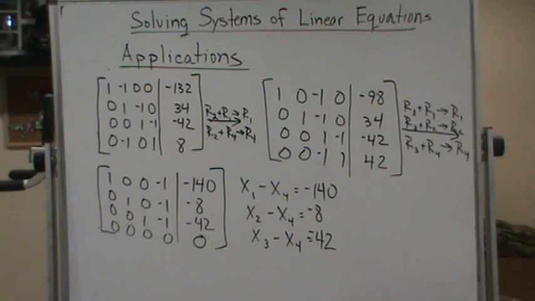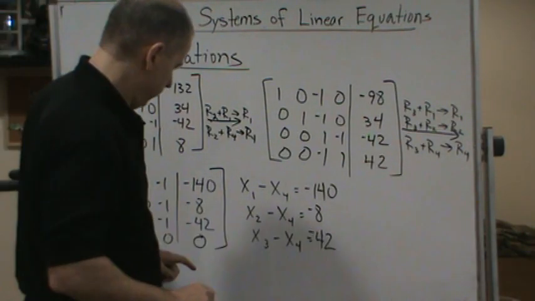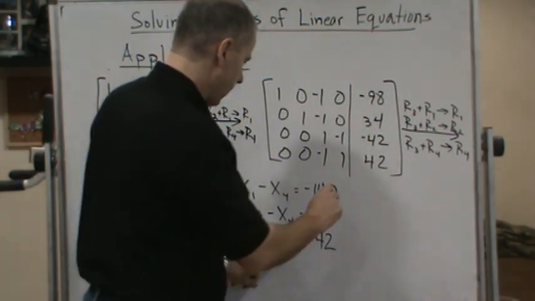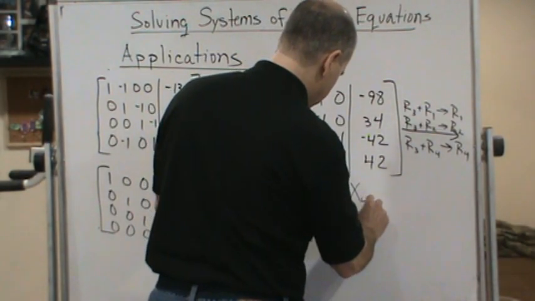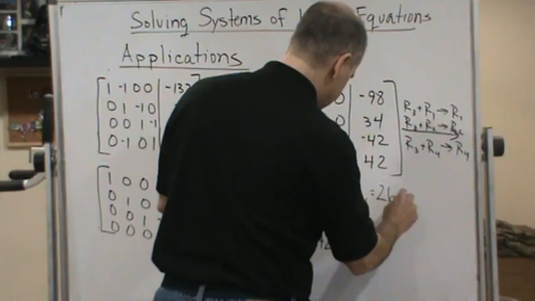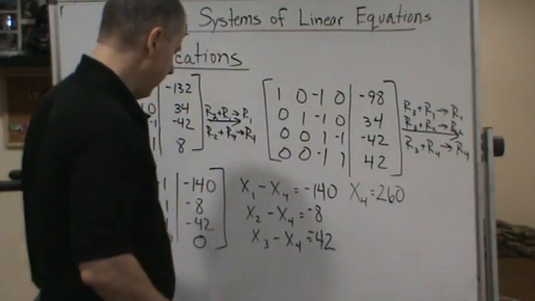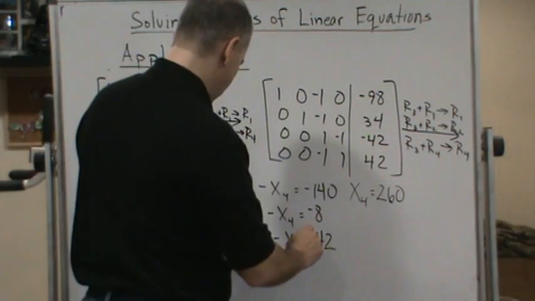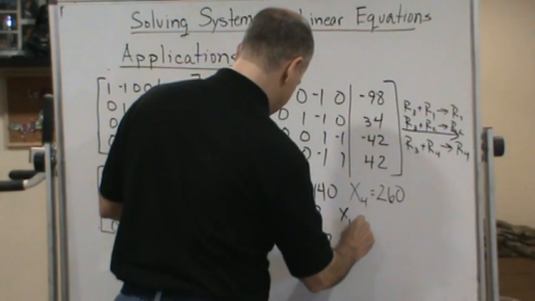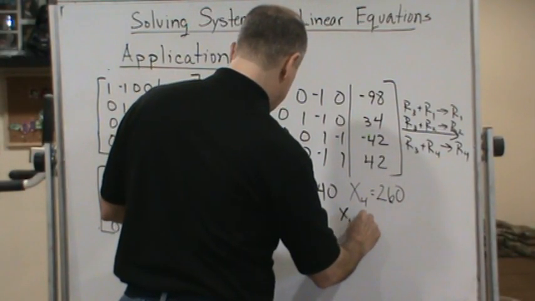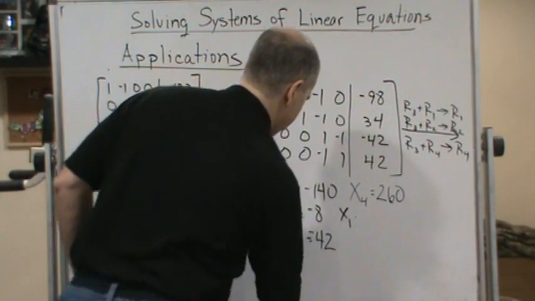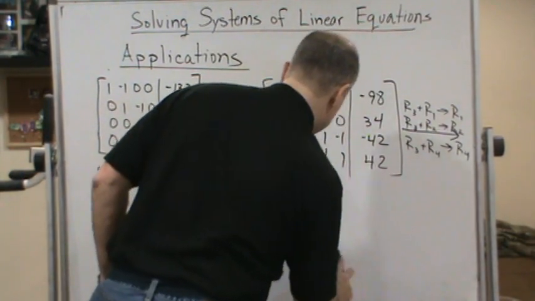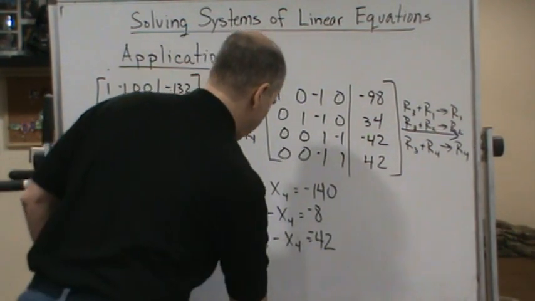All right, so now, if X4 is equal to 260 vehicles per hour, that would mean what? Before we do that, let's write these in terms of X4.